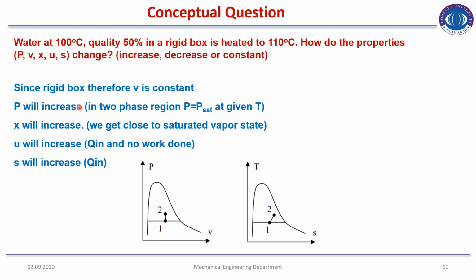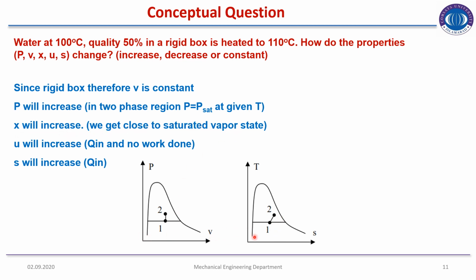Since the box is rigid, V is constant. So P will increase in the two-phase region, P is equal to P saturation at given T. As the temperature rises, pressure and temperature both will increase. So X will increase. We get close to the saturated vapor state.